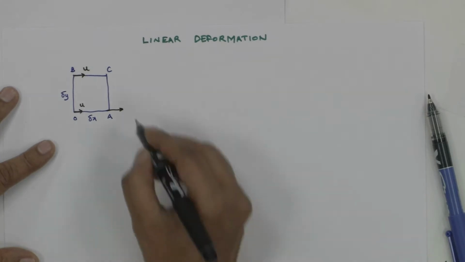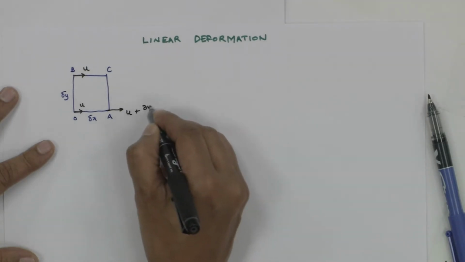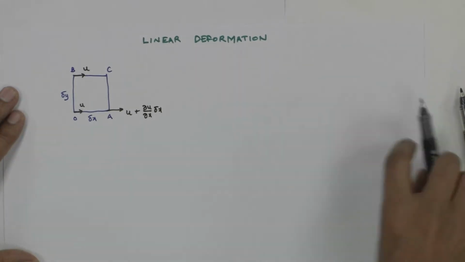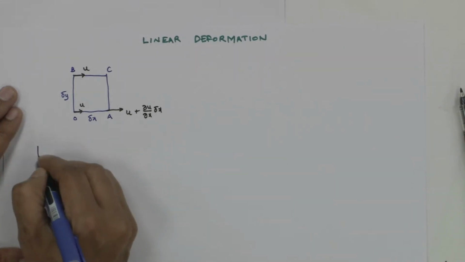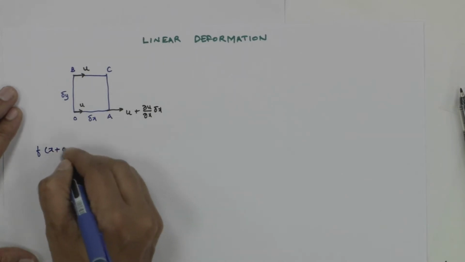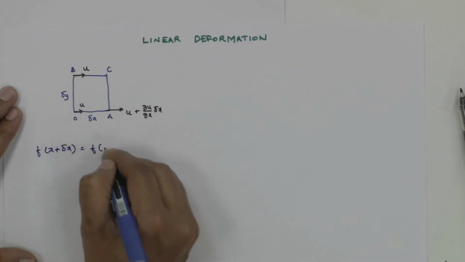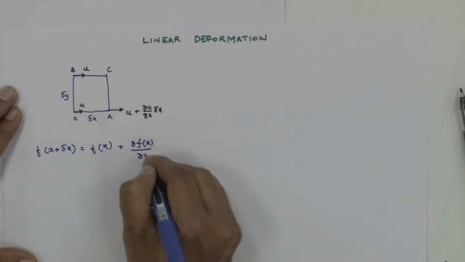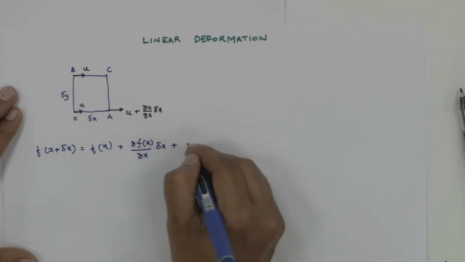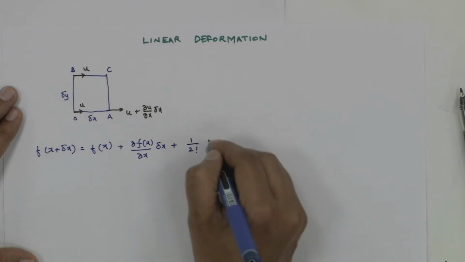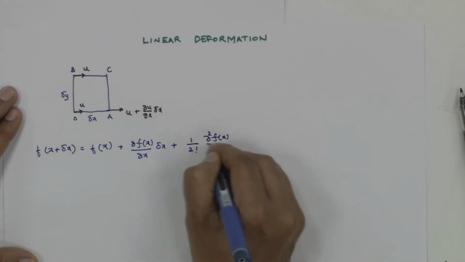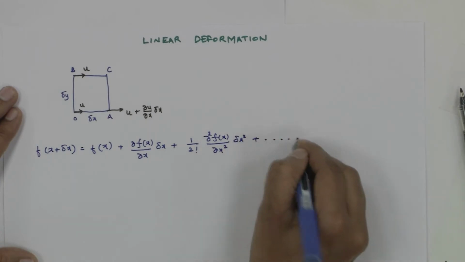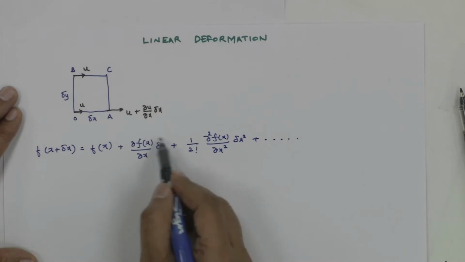Now what is the velocity here? Here it is u plus del u by del x delta x. How did I write this? I wrote it by Taylor series expansion, that is f of x plus delta x equals f of x plus del f of x by del x delta x plus 1 by 2 factorial del squared f of x upon del x squared delta x squared plus higher order terms. I am neglecting those because delta x is very small.